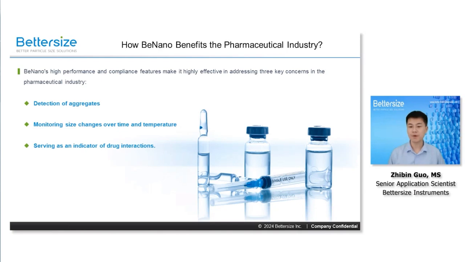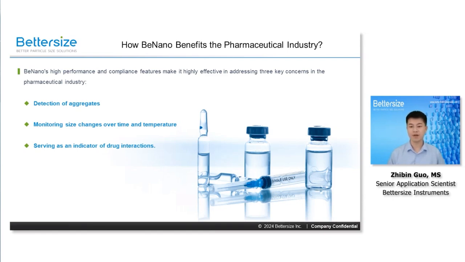In the pharmaceutical industry, the BeNano is instrumental in enhancing users' understanding of materials and addressing critical challenges. In this talk, I will highlight 3 key benefits of the BeNano. First, its ability to detect even small aggregates, which is essential for ensuring drug safety and efficacy.